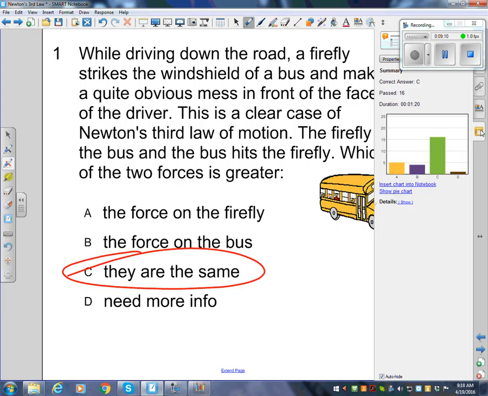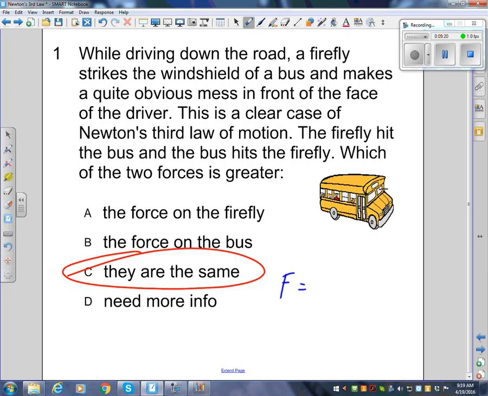How come the bug gets schmucked and the bus does not get schmucked? The bus is a whole lot bigger. F equals m a, little tiny m, right? If the force is the same, little tiny m is going to mean big giant acceleration. Living creatures don't like accelerations.